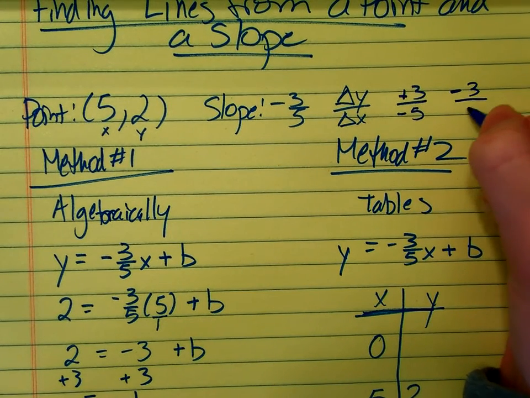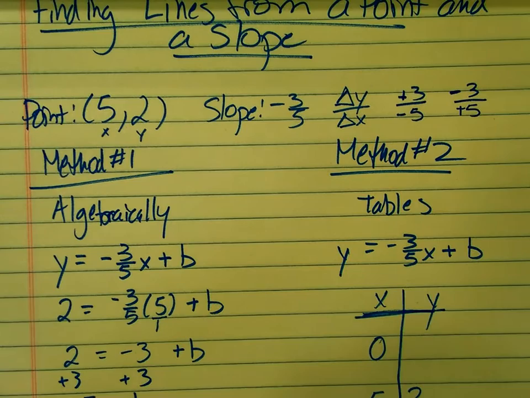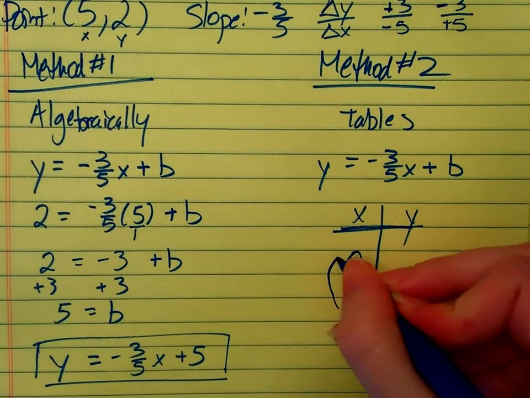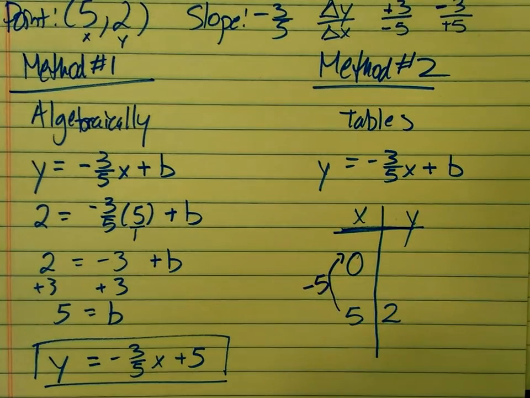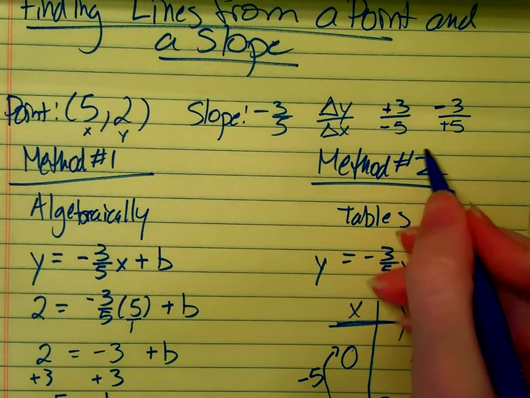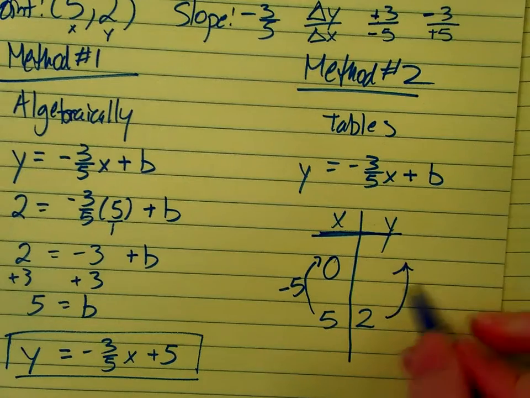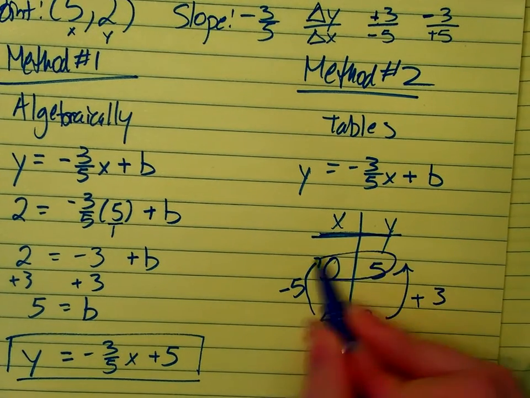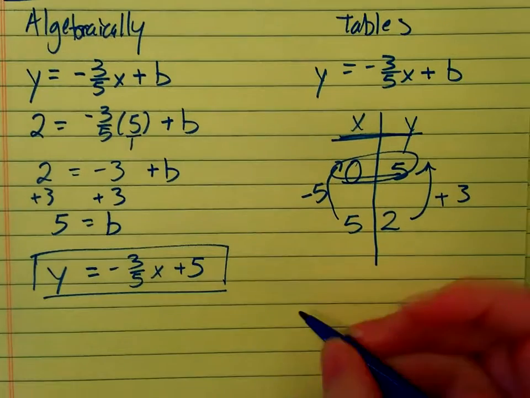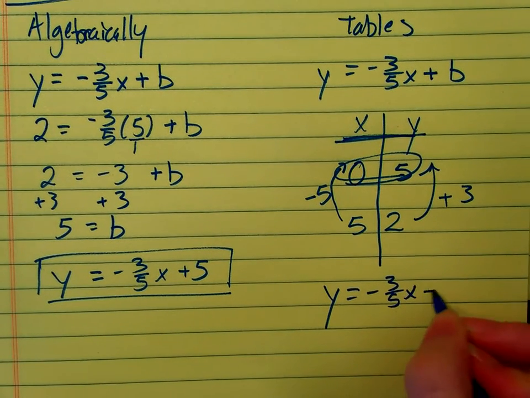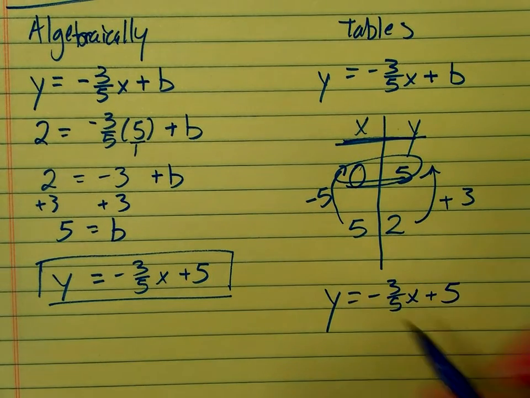Your y can subtract 3 when your x adds 5. Well, we notice from our table that we want to subtract 5 to jump to 0 on this table. Well, when we subtract 5, what do we do to y? We add 3. So then we get our y-intercept is (0, 5). So then y equals negative 3/5 x plus 5.